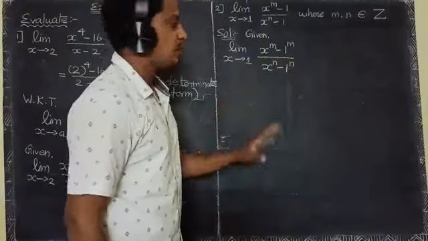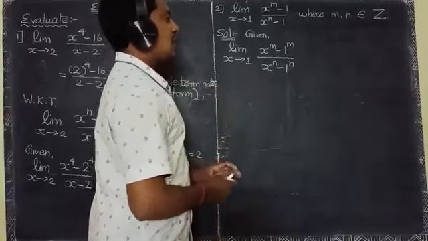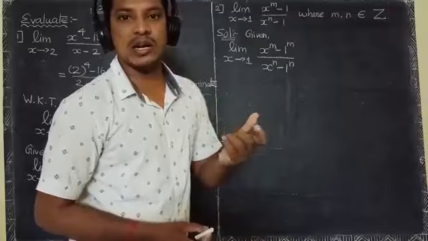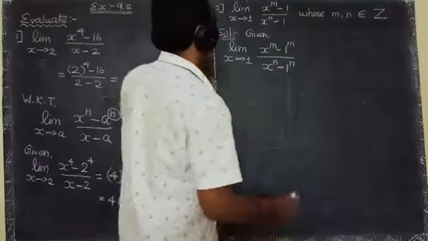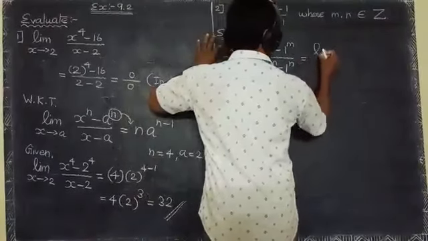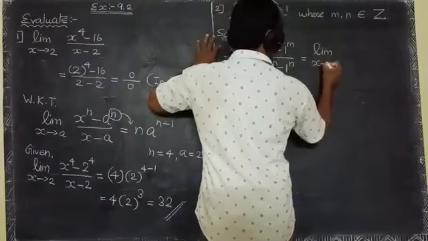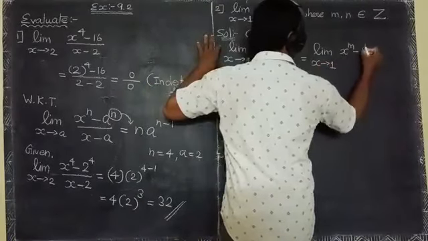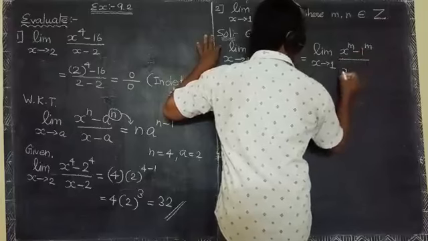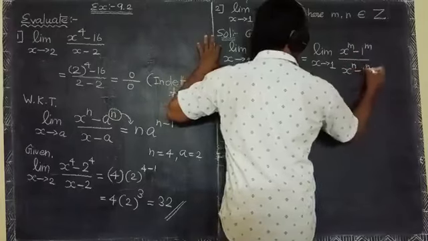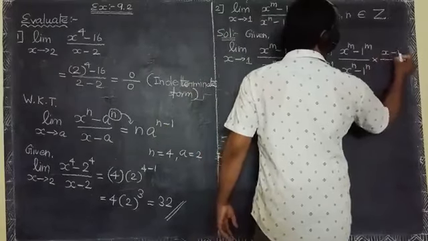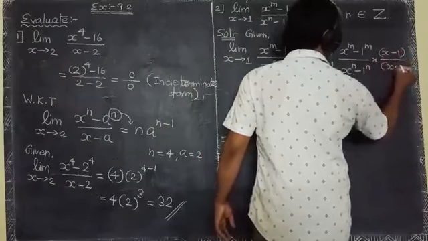Here, multiplying and dividing by the factor x minus 1 doesn't change the value. So limit x approaches 1, x power m minus 1 power m divided by x power n minus 1 power n, multiplied and divided by the factor x minus 1.